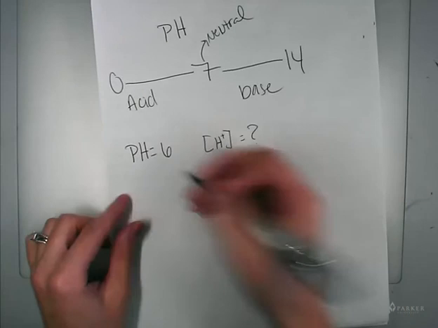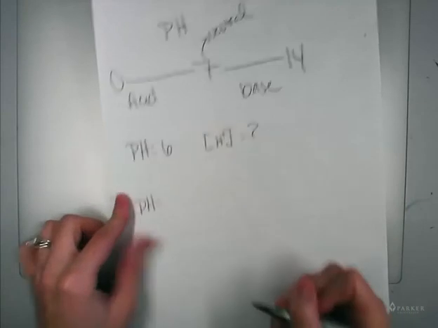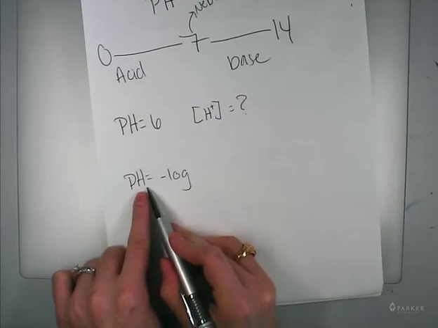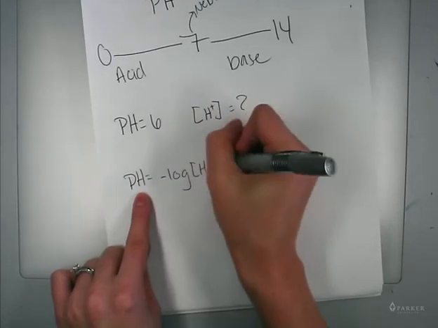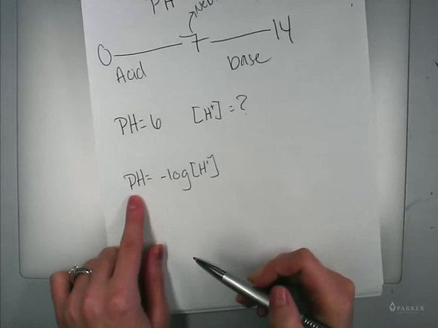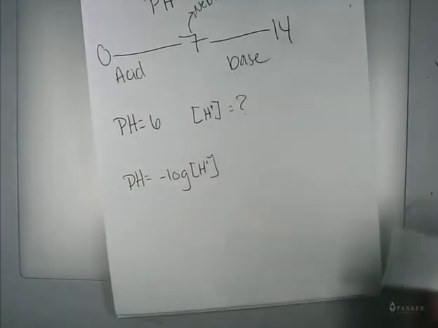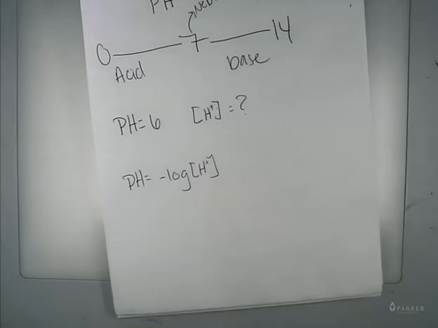So pH is the negative log of H, and this H plus concentration is what we're trying to find.